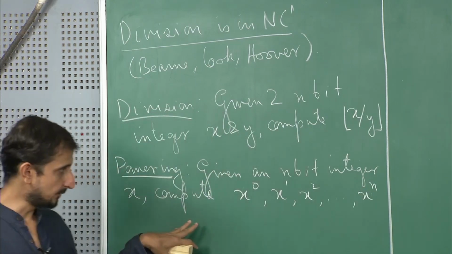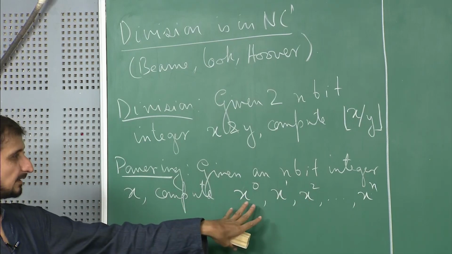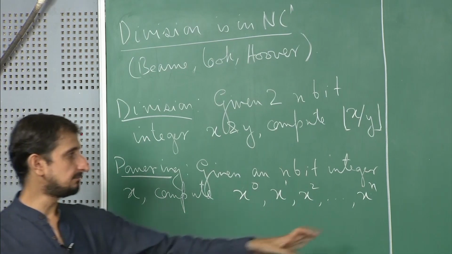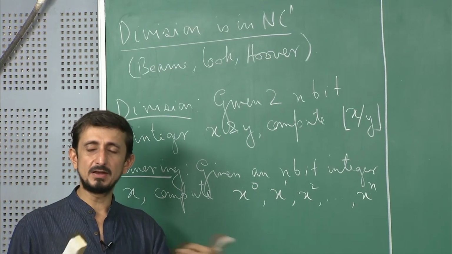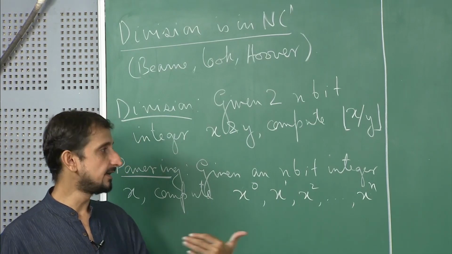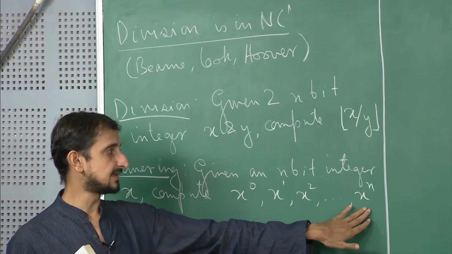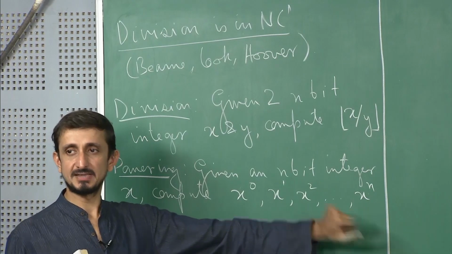We will compute the binary representations of these. Just to mention, for example, x to the power n: how many bits will it need? In the worst case it can be as large as n square bits, because x is n bits.